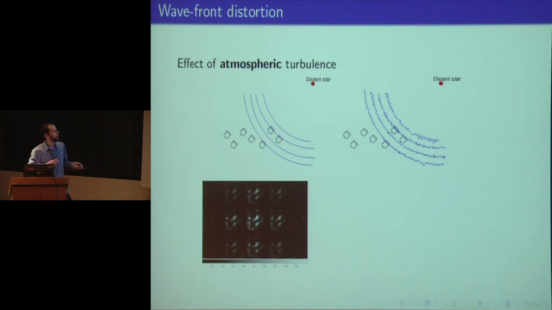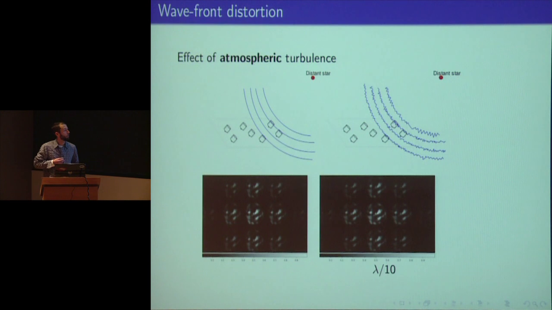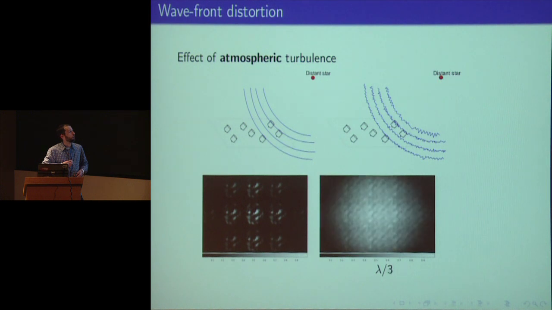Let me show you what the image will look like once you start introducing distortions in the wavefront. As the wavefront becomes more and more distorted, you can see how the image starts to degrade until you essentially obtain a speckle pattern.